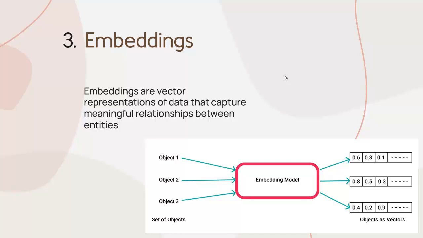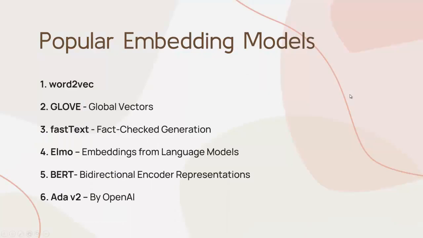Now, in the vector space, these points would be grouped together. But a different idea, say like a mobile phone, would be far away from the vector points of these. Some of the popular embedding models are Word2Vec, GloVe, FastText, ELMo, BERT, Ada V2.